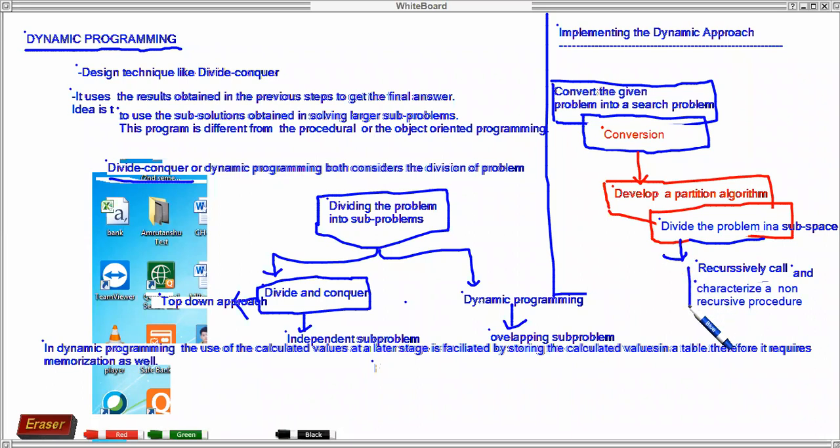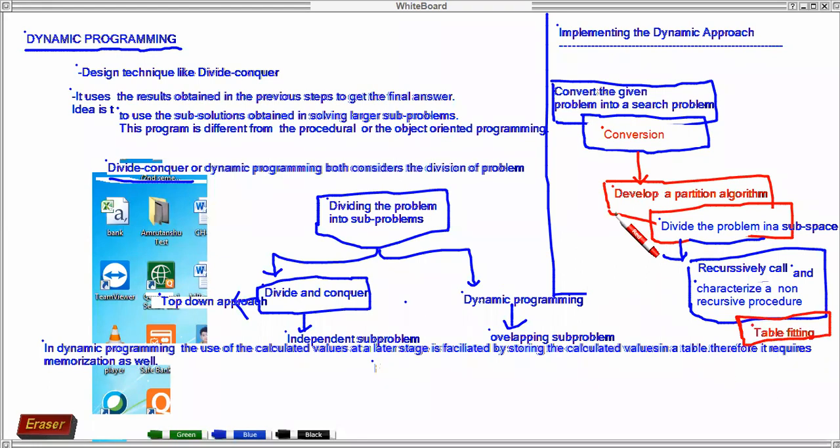These total methods we are telling. What we do here is called table fitting. It's the most important method. This is generally called table fitting for memorization. So this is implementing the tricks, implementing your dynamic approach.